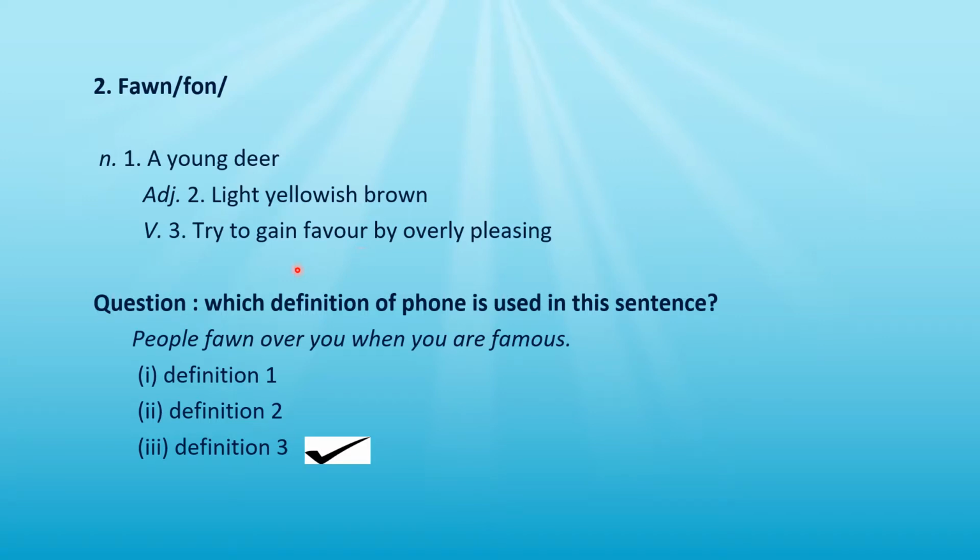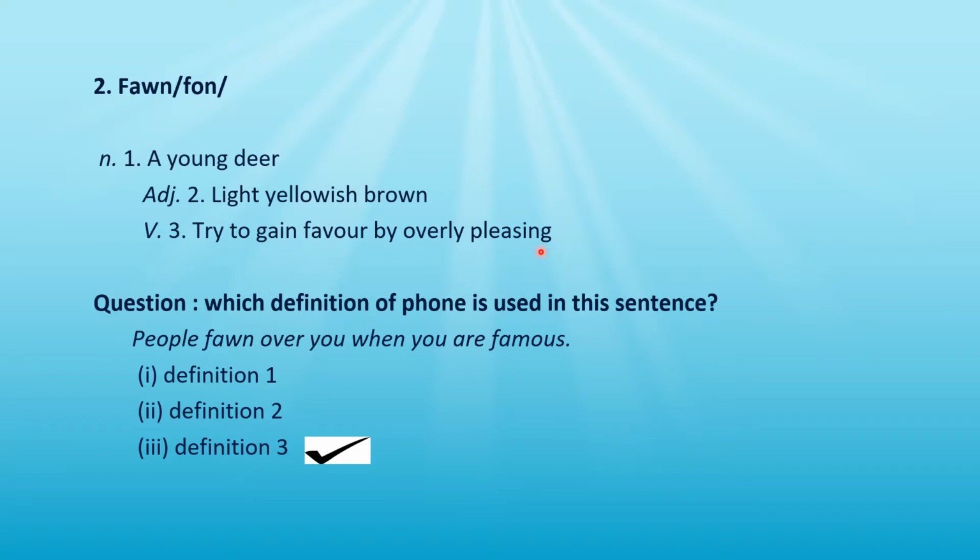So here we have the sentence. Which definition of fawn is used in this sentence? People fawn over you when you are famous. So people usually fawn over you when you are famous. So we relate to the word fawn here as a verb, because it means to try to gain favor by overly pleasing.